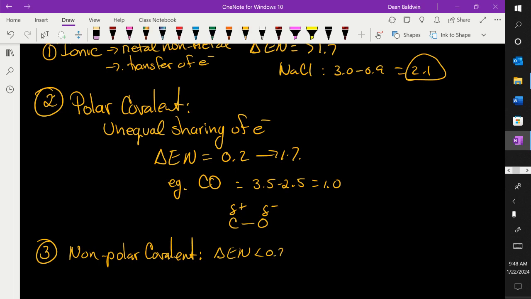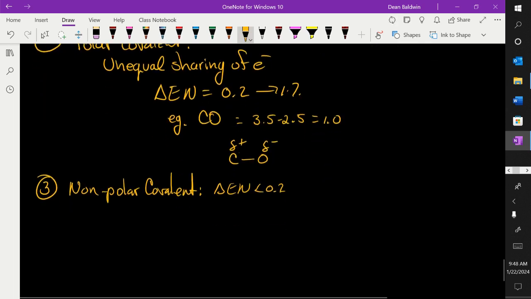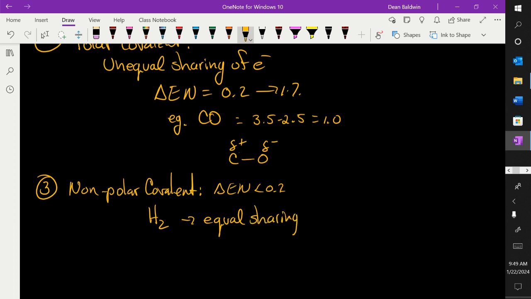But basically you see this in things like H2, where it's the same atom. It's a diatomic molecule, right? You get equal sharing of electrons.